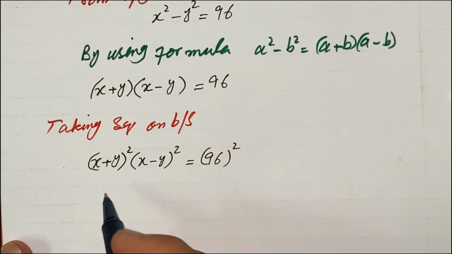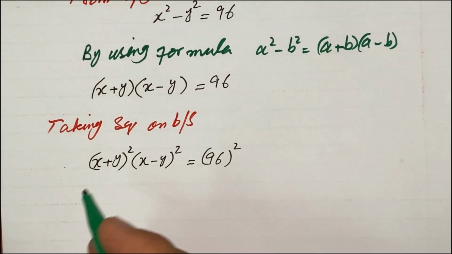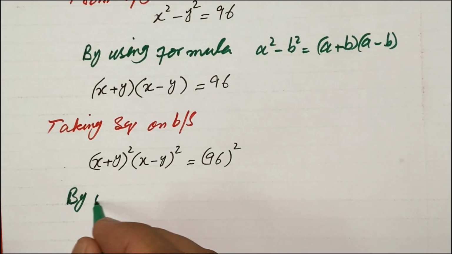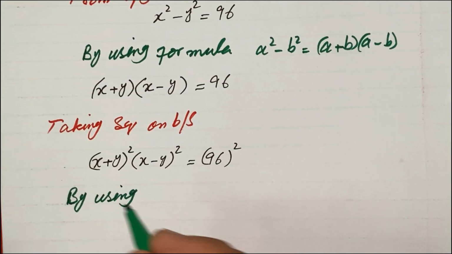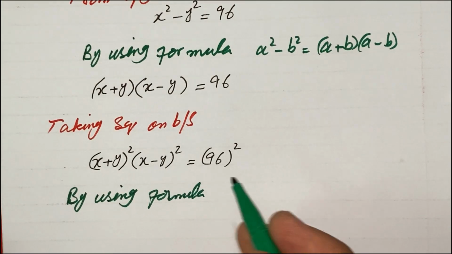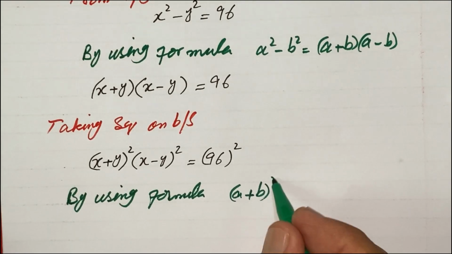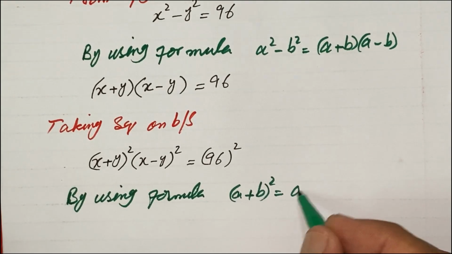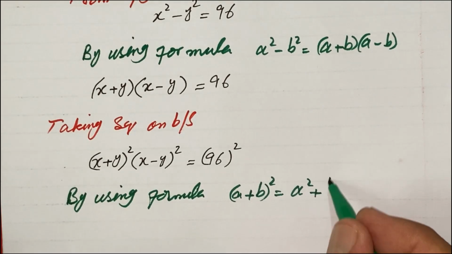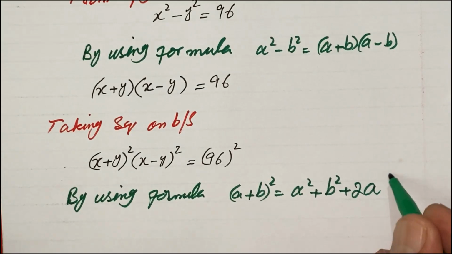Then we open the square by using the formula a plus b whole square is equal to a square plus b square plus 2ab.